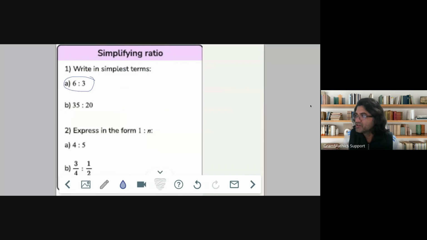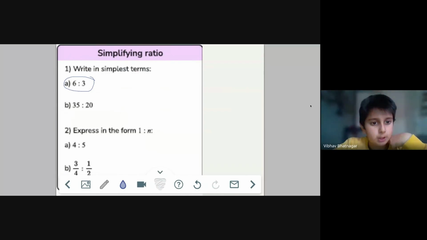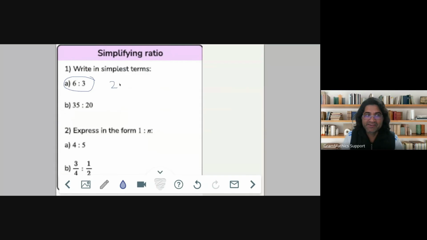Okay. Yes, please go on. Who was first? Ojas was first. I think it should be 2:1. Correct. Because this is nothing but 6/3, which is 2/1. You can write just 2, but when they're asking for a ratio, what is number 2?